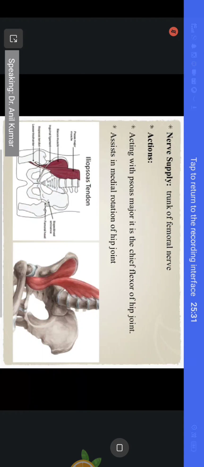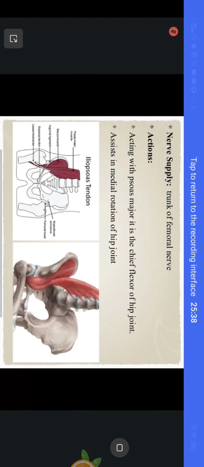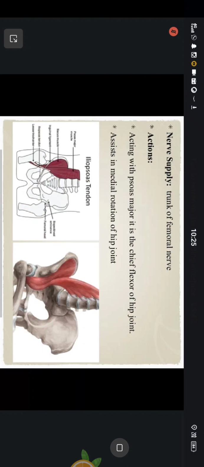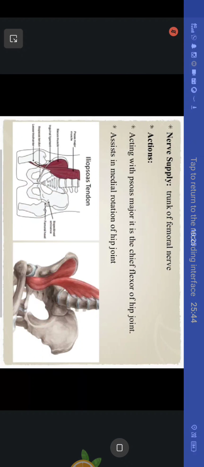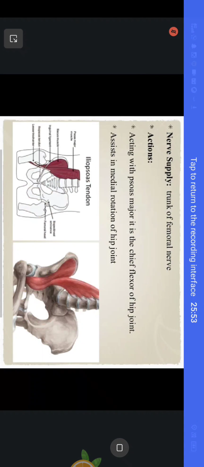Now coming to the nerve supply: it is mainly from the branch of the femoral nerve. Regarding the actions, acting with psoas major, it is a chief flexor of the hip joint and assists in medial rotation of the hip joint. So these are the muscles and ligament which we are seeing in this femoral triangle.